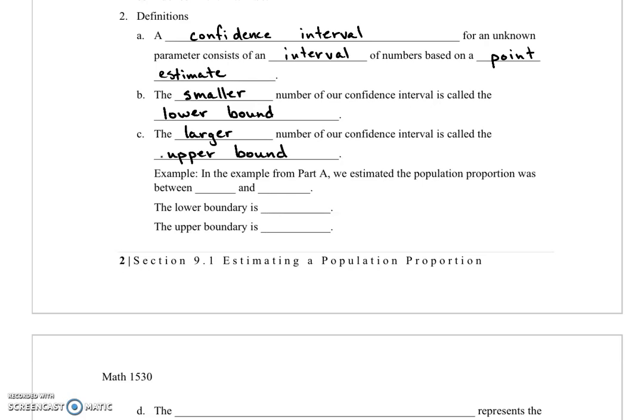So in that example in part 1 of part A, we estimated the population proportion was between 0.70 and 0.80. So that makes the lower boundary 0.70 and upper boundary 0.80.